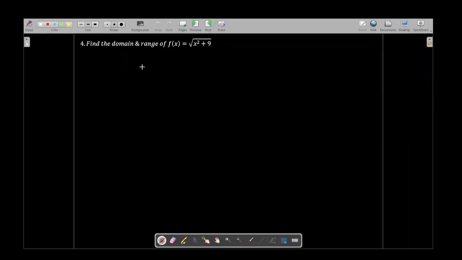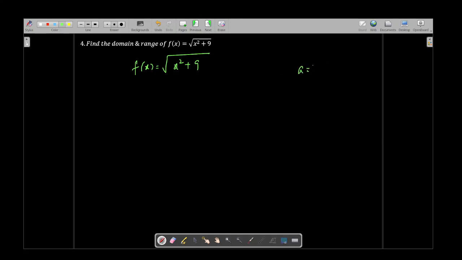x square plus 9. Let us try to find the roots of this. f of x is equal to square root of x square plus 9. Whenever we have the square root of a quadratic function, we have to check whether the roots exist or not. That is the main thing here.